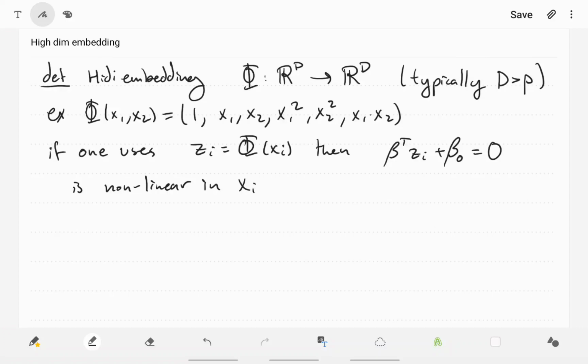So we've applied a nonlinear transformation to our x_i, which we do all the time when we're constructing features by hand, and this is no different.